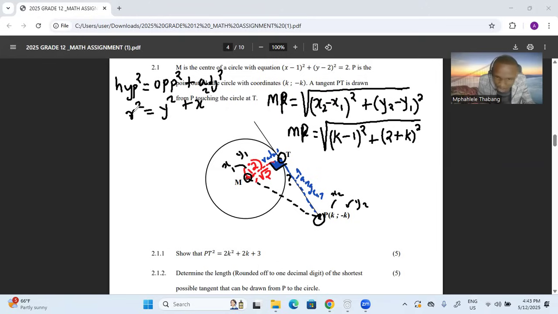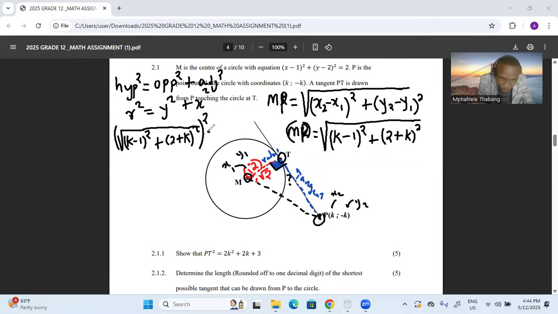So r squared, which is my MP, and I found this MP: the square root of k minus 1 squared plus 2 plus k squared. Let me write neatly. 2 plus k squared inside, this is MP, and I have to square it.